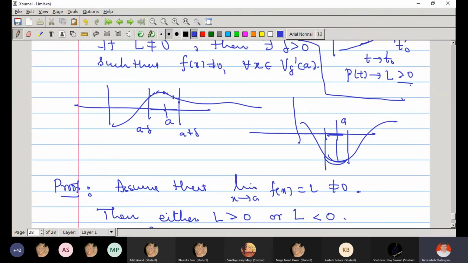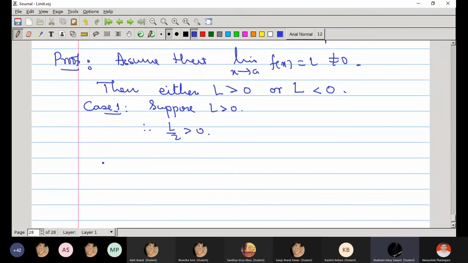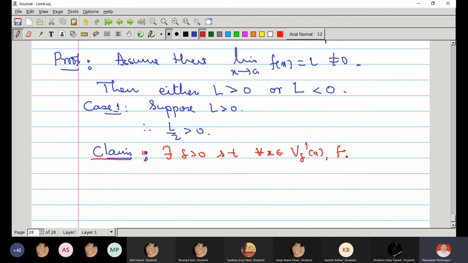What is our claim? We'll take epsilon as L by 2, mod of L by 2. So what is our claim? There exists delta such that for all x in V delta dash of A, f of x is positive.